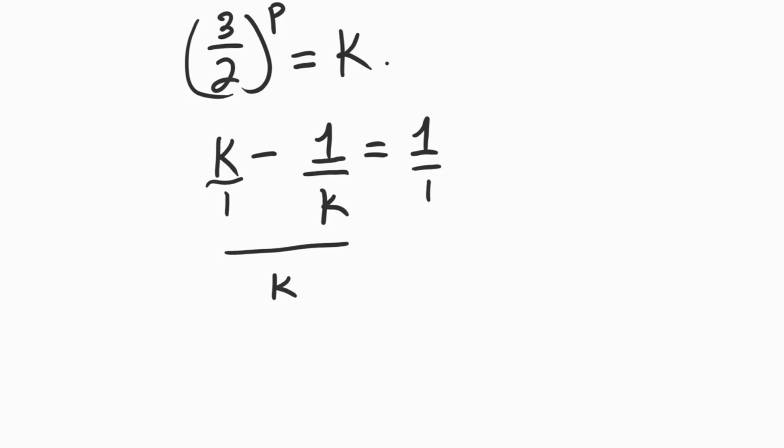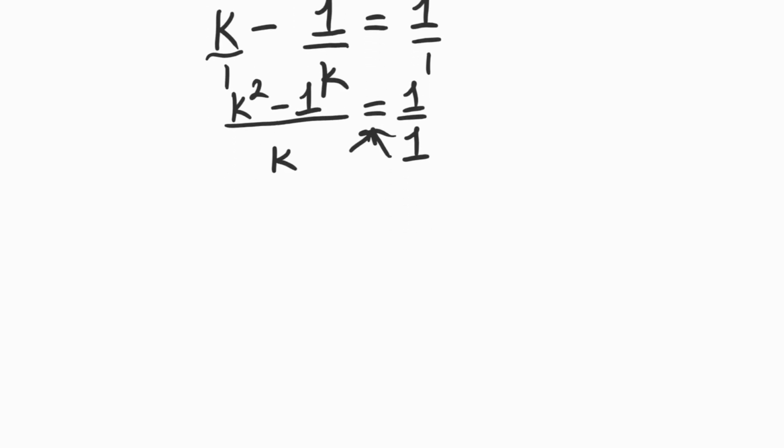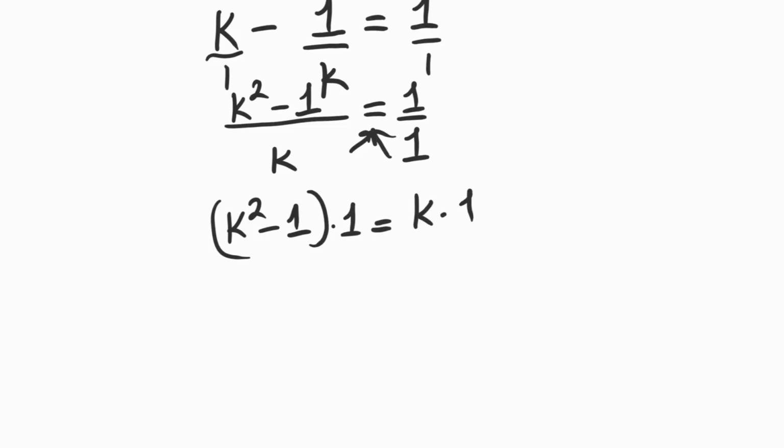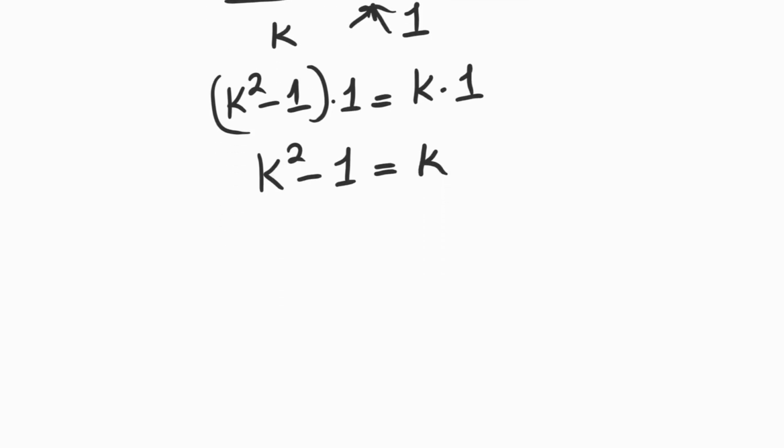We take k, this becomes k squared minus 1. k and k is 1, 1 times 1 is 1, equals 1 divided by 1. So now if we cross multiply, what we have now is k squared minus 1 times 1 equals k times 1. And this is k squared minus 1 equals k.